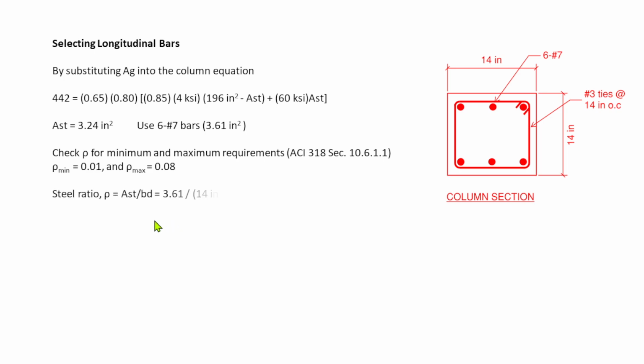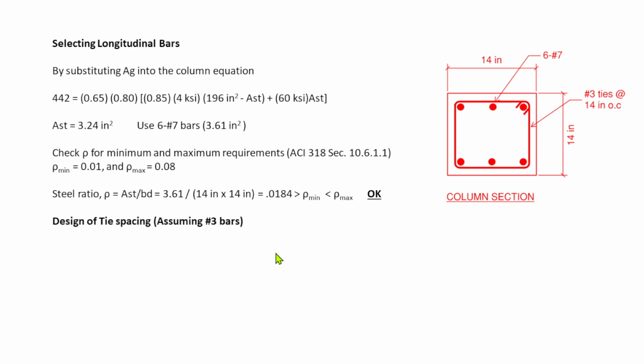The actual ratio of reinforcement is 3.61, which is this one here, divided by the area of the column, 14 by 14. So we have 0.0184, which is greater than the minimum reinforcement and also less than the maximum reinforcement. So we are within the range of this limitation, so we are okay.